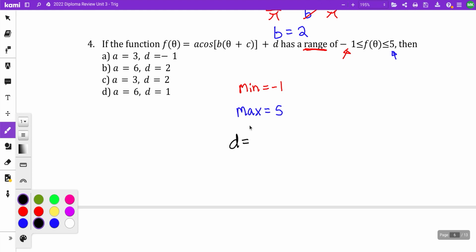Again, it's not provided on your formula sheet, but your D value is an average between your min and max. So if you add your min plus your max and divide by 2, it'll tell you your D value. For this question, my D value would be negative 1 plus 5 divided by 2. My D value is going to be 2.